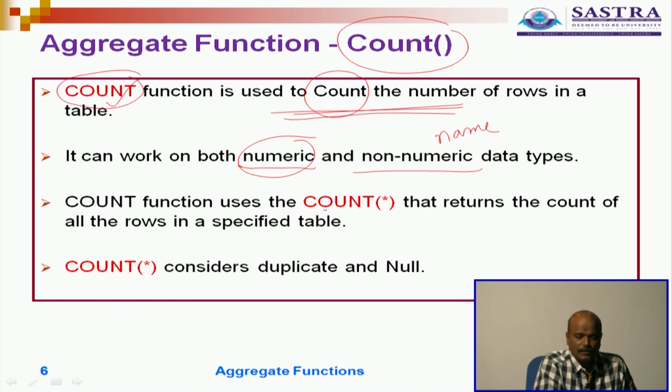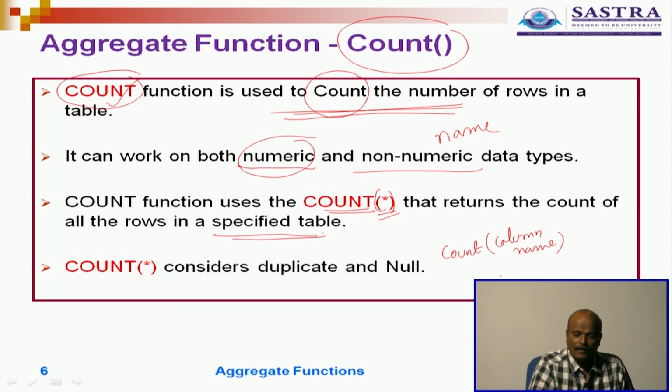So, what is the use of this count function? It returns the total number of records in a given table. You can use the count function in two different ways. One is count with a star within brackets, which is the generic option. Another is count with a particular column name or field name within brackets, for example count of salary.